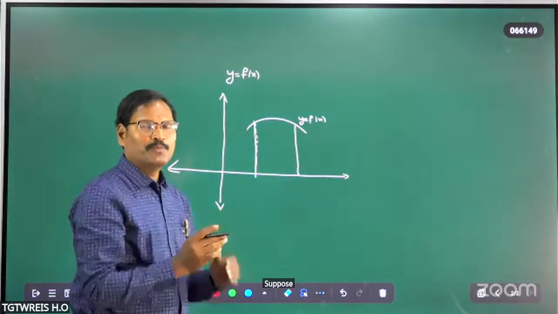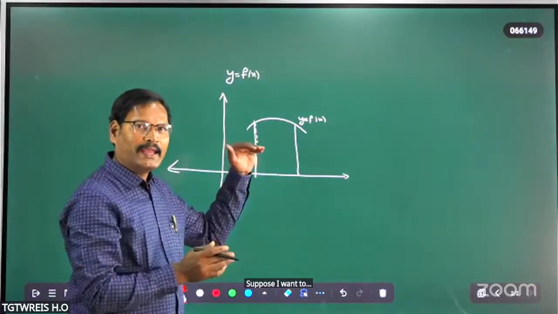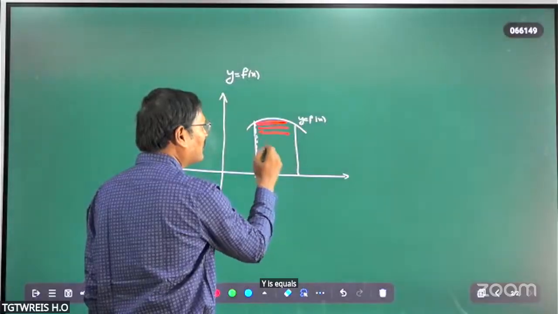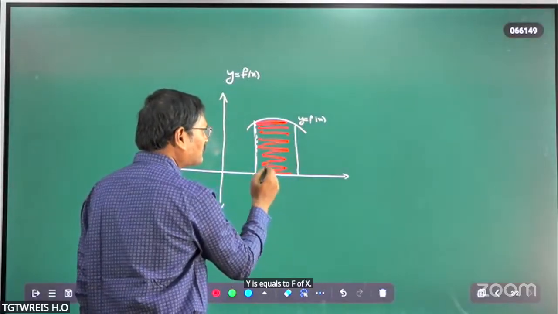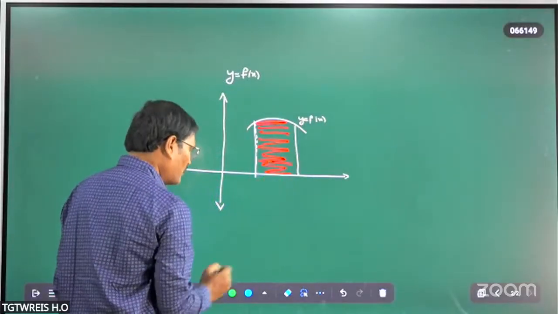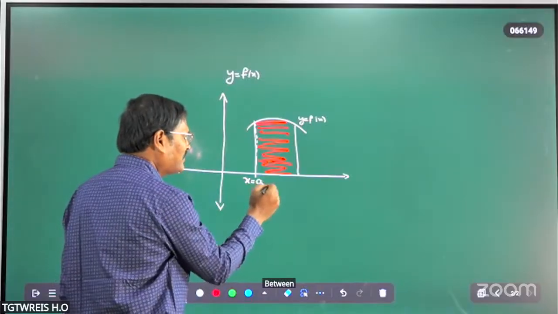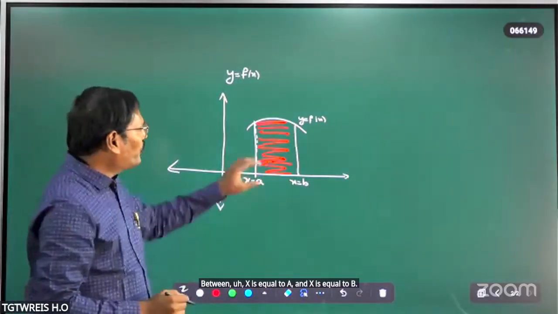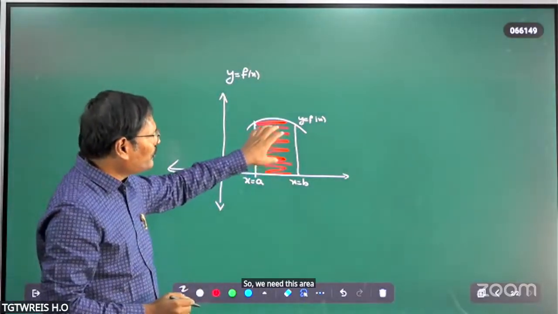Suppose I want to find the area below the curve y is equal to f of x between x is equal to a and x is equal to b. So we need to find this area.